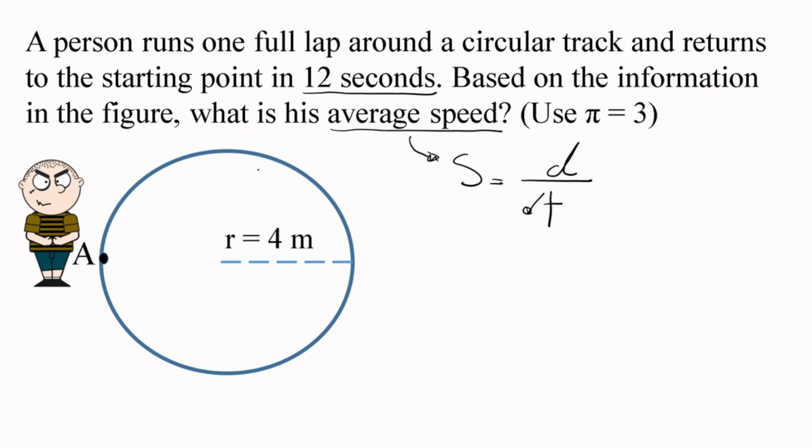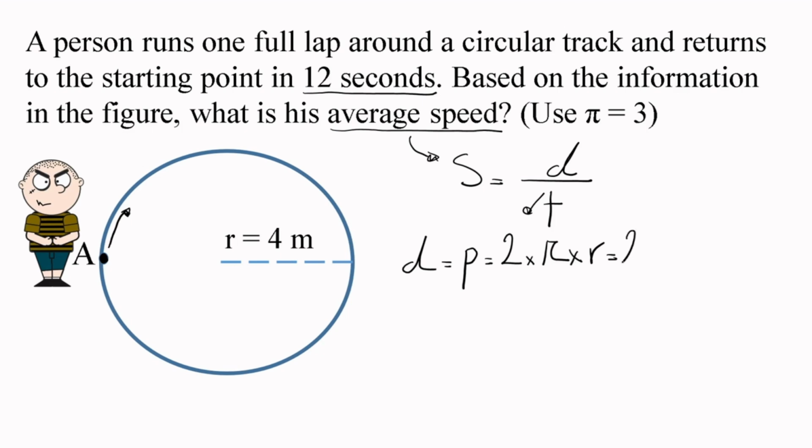But if I look closely, I would realize that the question is telling me that this person is moving around this circle and returns to the starting point, which is A. So if I pay attention and if I am careful, I would realize that D here is equal to the perimeter of this circle. Why? Because it moves around this circle and it passes one full lap. Okay, what was the formula for the perimeter of a circle? As you definitely know, it is equal to 2 times pi times r.